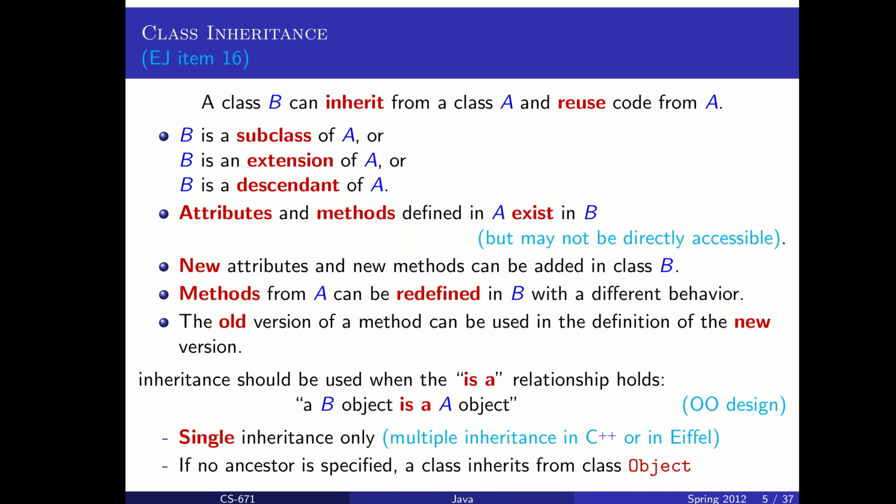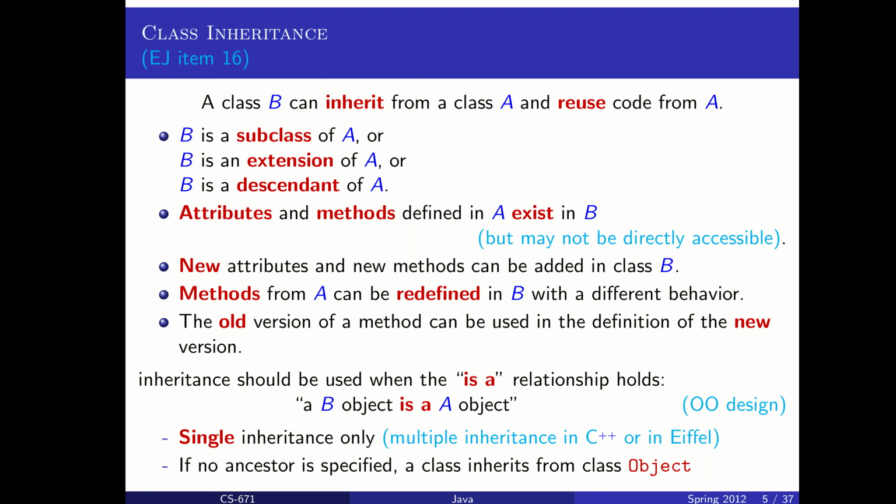So we can say that B is a subclass of A. Some people will say B is an extension of A. Some people will say B is a descendant or is a child class of A. Essentially, what that means is that methods and attributes that were defined in A will exist in B. They may not be directly accessible, but they will exist. And we'll see some examples of that.